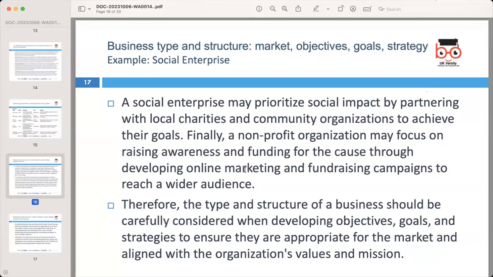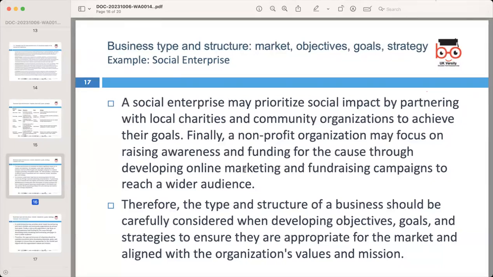So their strategy: social enterprises achieve their objectives through partnerships with local charities, community organizations, local businesses, or community environmental groups. Their strategies involve collaborating on initiatives that directly benefit the community or cause they support.